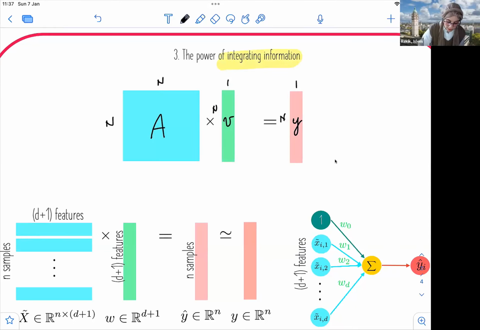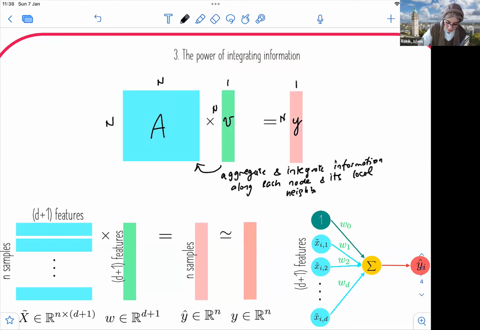This multiplication by the adjacency matrix allows us to aggregate and integrate information along each node and its local neighborhood.